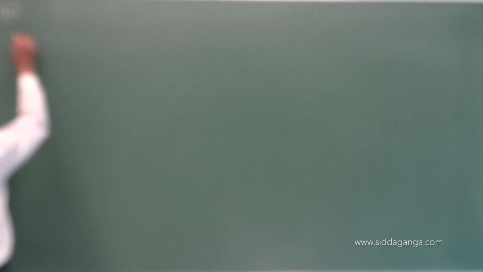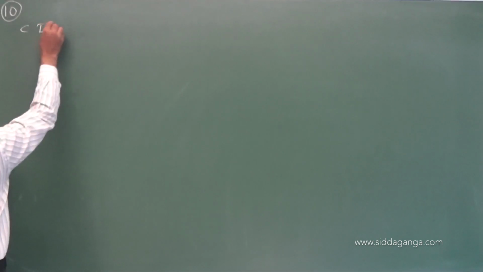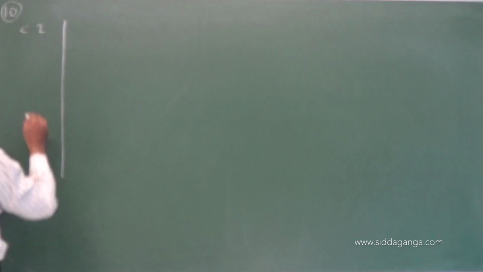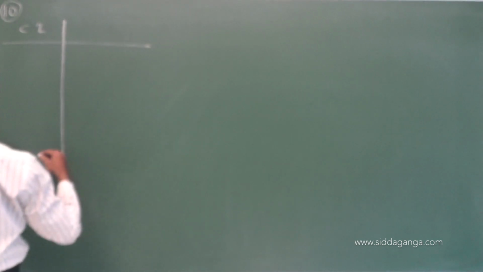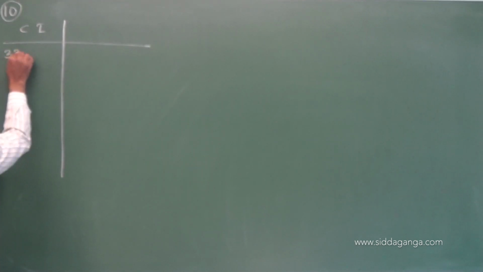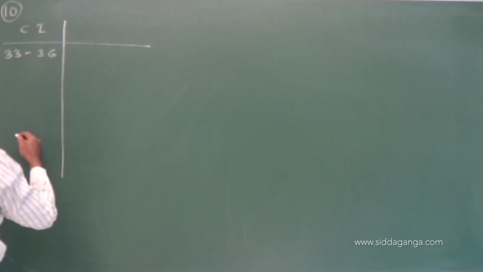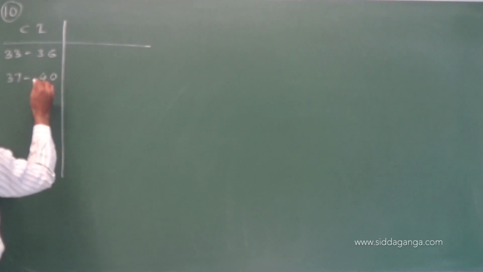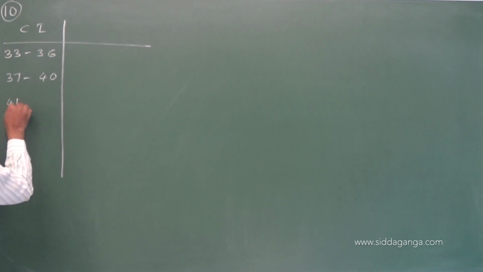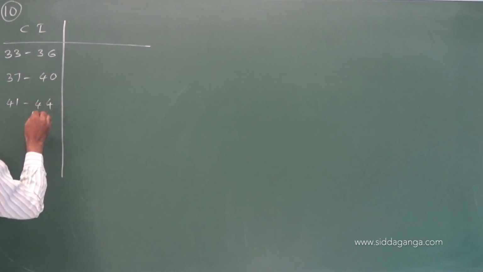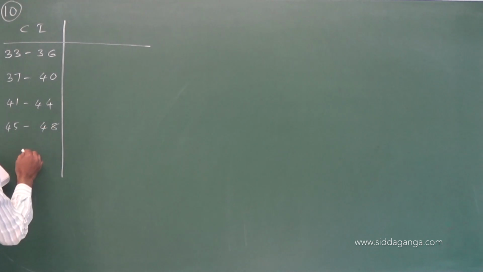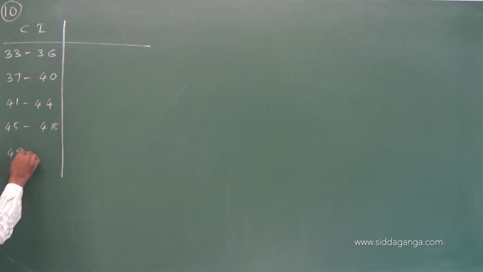This is the class interval. Class interval is 33 to 36, 37 to 40, next 41 to 44, 45 to 48, 49 to 52.